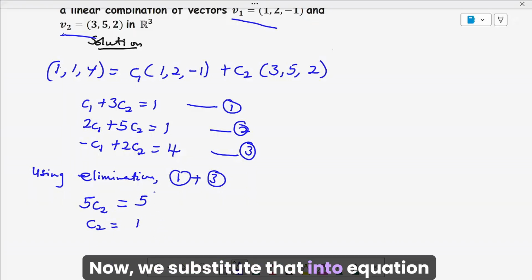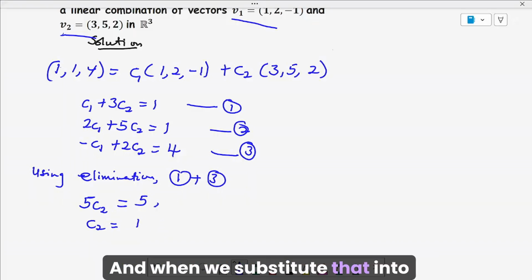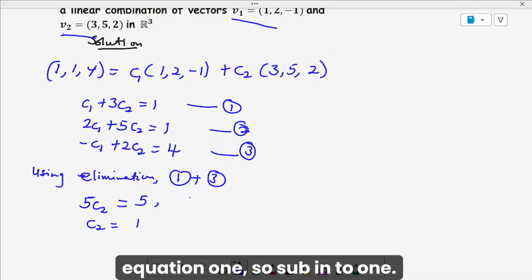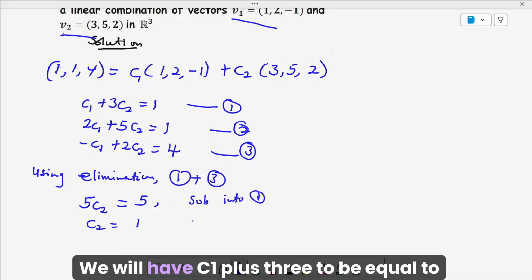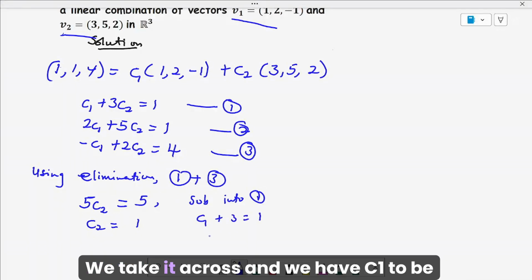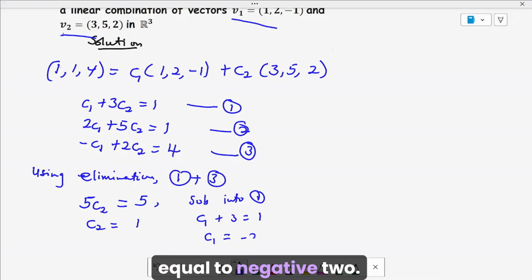Now we substitute that into equation 1, and we have c1 plus 3 equal to 1. We take it across and have c1 equal to -2.